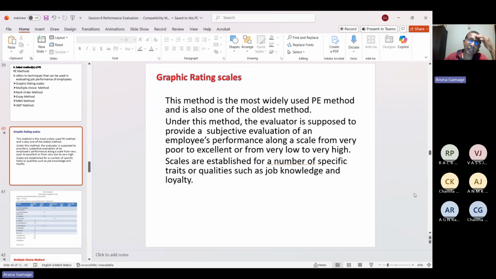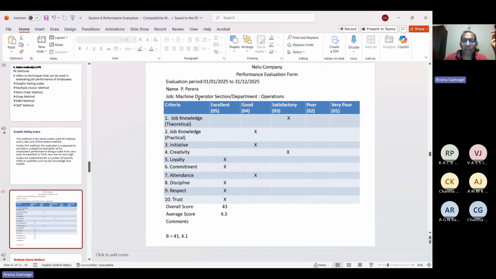In this method, the evaluator gives a subjective evaluation based on some criteria along a scale from very low to very high, or very good to very poor. Scales are established for different criteria.